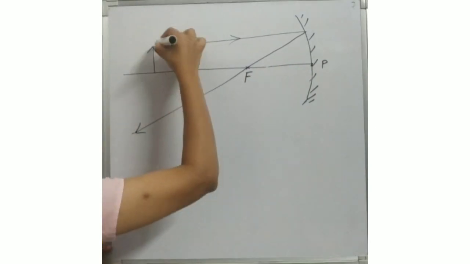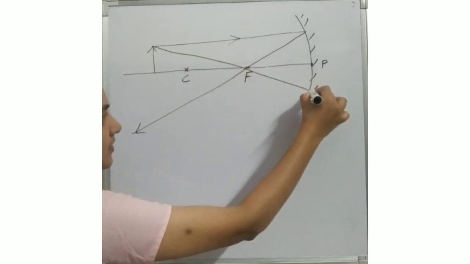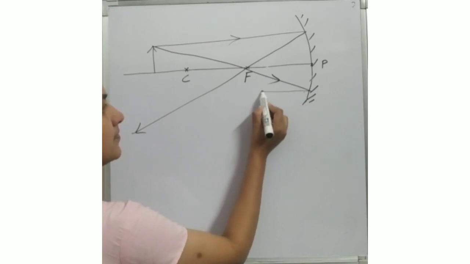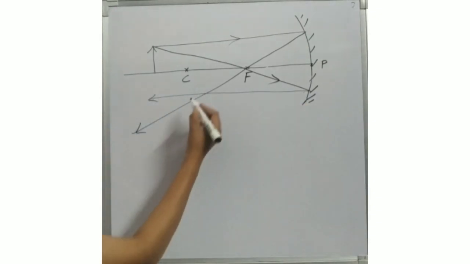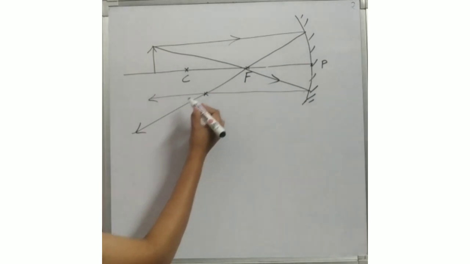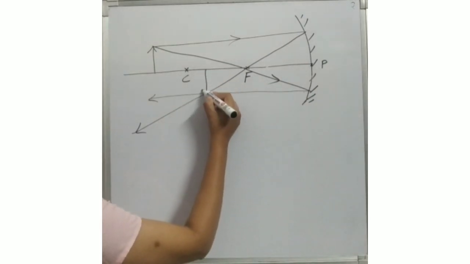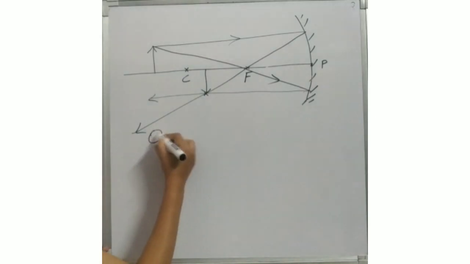Second one, if it comes through focus, it will reflect parallel. Okay. Now, here is the point where we got the common point of the reflected light, and we have to draw the image.